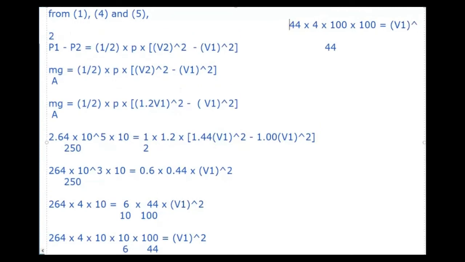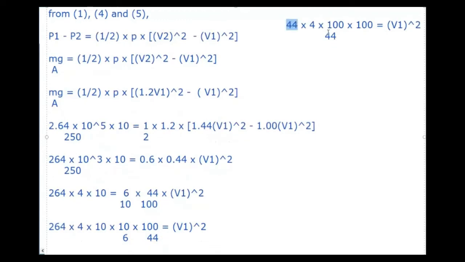Lamai? Cancel, sir. It will be cancelled out with this numerator 44. 44 and 44 cancelled out. So finally we will obtain that V1 square equals 4 into 100 into 100, because 44 and 44 cancelled out. So what is this?